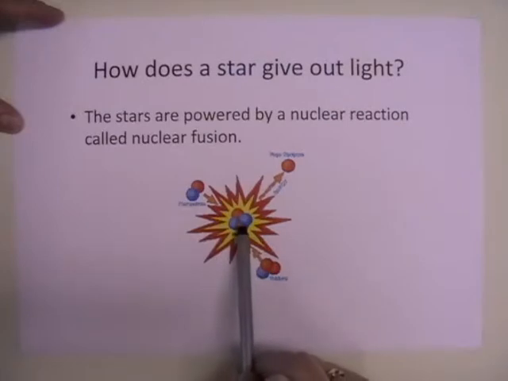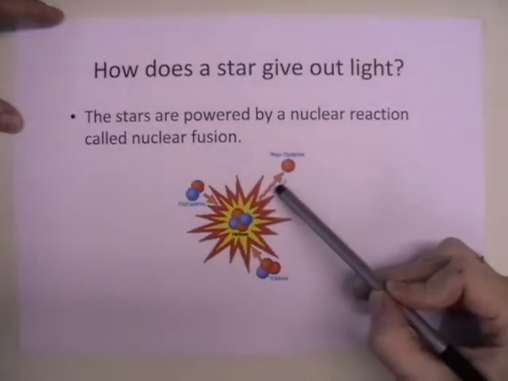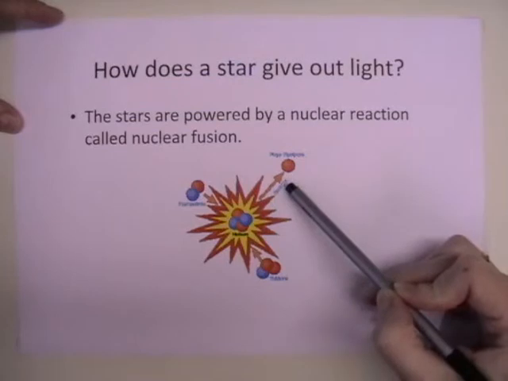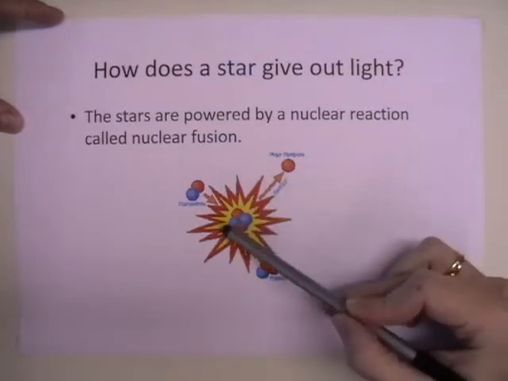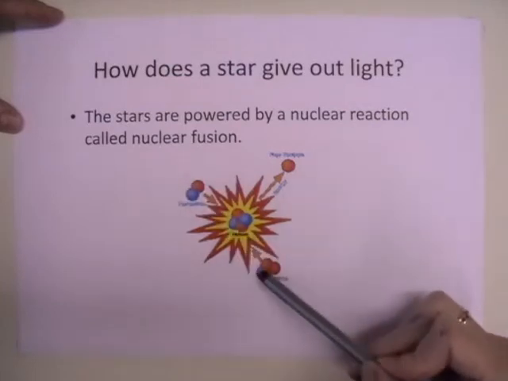But when they do this, they give out neutrons and enormous amounts of energy. And that's what a nuclear reaction gives out. So really, the source of fuel for our Sun is this fusion of hydrogen to form helium.